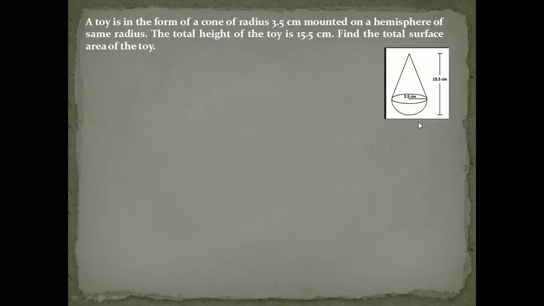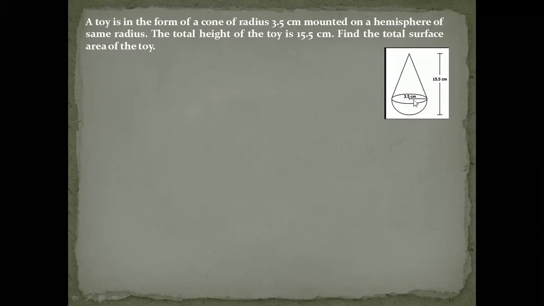So here you can see, this one is your hemisphere, this one is cone, and again given is radius, and it is specified we are having a same radius. So radius is here 3.5 centimeter, and again total height is given 15.5. So again we have to find the total surface area of this toy. So again it is very much simple.